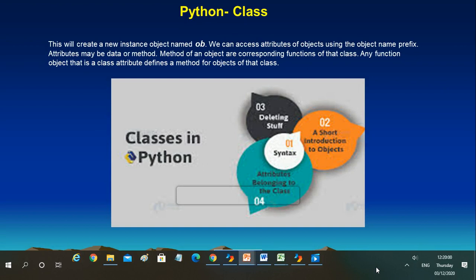We can access attributes of an object using the object name as prefix. Attributes may be data or methods, as we have seen earlier. Methods of an object are the corresponding functions of that class, and any function object that is a class attribute defines a method for objects of that particular class.